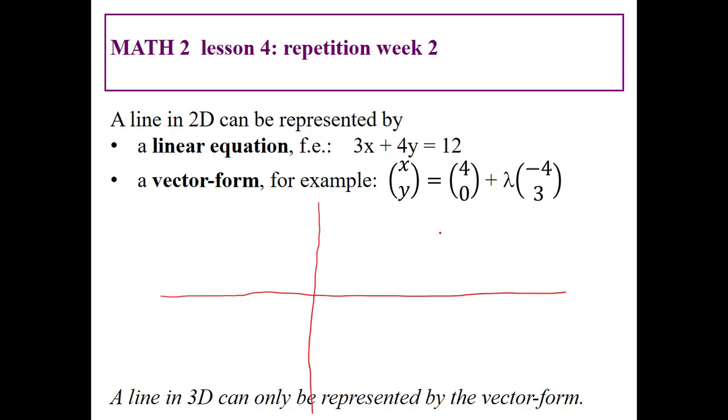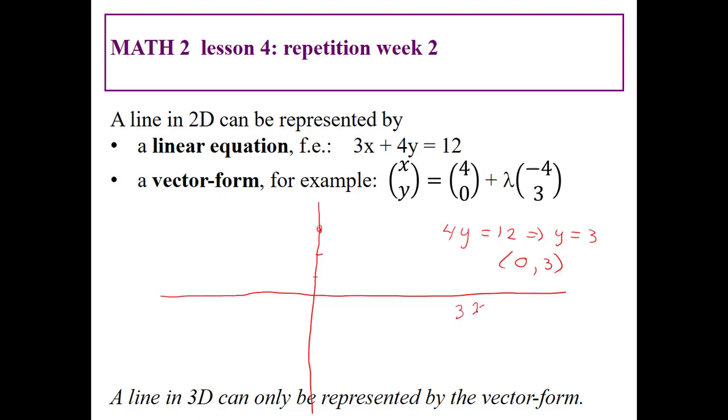So for instance, let's pick x being 0, then 4y would be 12. So that means y would be 3. So we know the point 0, 3 is on the line. That would be about here. Let's pick another point. So let's say y is 0.